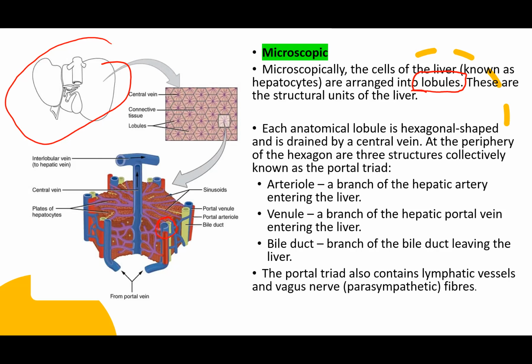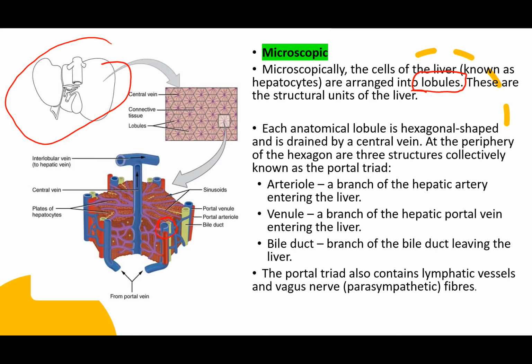So you can see 2 vessels are bringing blood to the liver, and the bile duct is taking bile away from the liver. So what vein takes away blood from the liver? That central vein. Okay? It takes blood away from the liver.